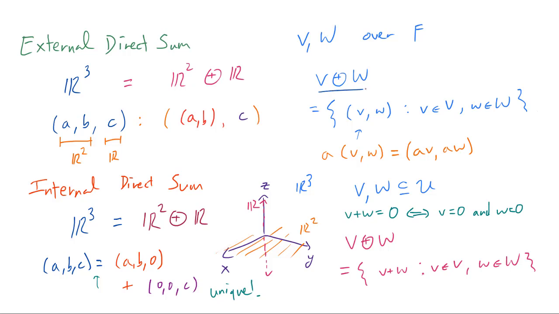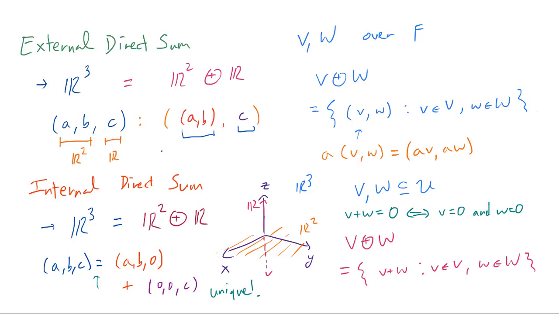Why are we using the same notation for the external direct sum and internal direct sum? Well, it's not too hard to see for this particular example because really this (a, b) corresponds to (a, b, 0) and this c corresponds to (0, 0, c).